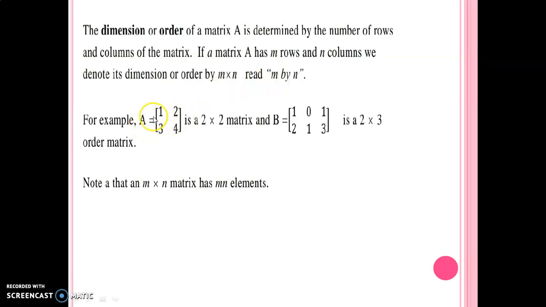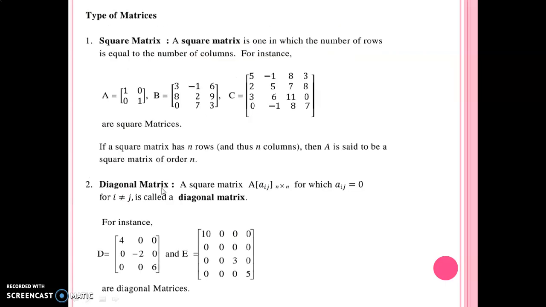The matrix A has 2 rows and 2 columns, so its dimension is 2 by 2. Similarly, the matrix B has 2 rows and 3 columns, so its order is 2 by 3. Note that the number of elements in a matrix is the product of m and n.